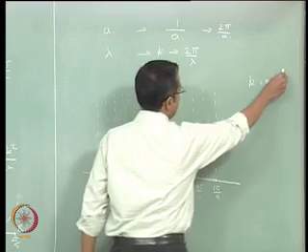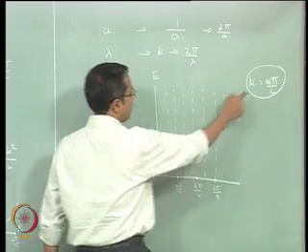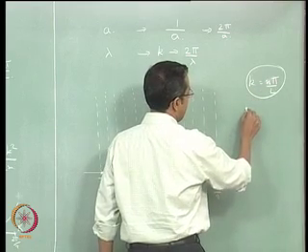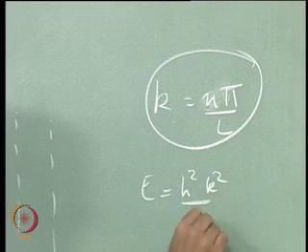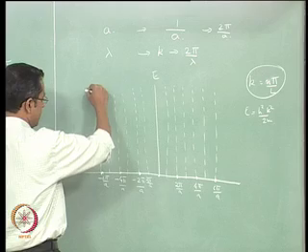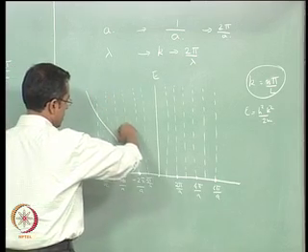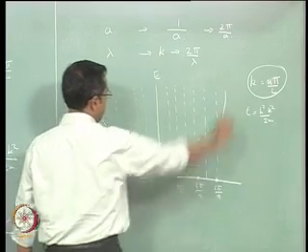So on this scale, when you plot, the allowed values of k are n pi by L and E equals h bar square k square by 2 m. What you get is a parabola, it will look like a parabola like that.